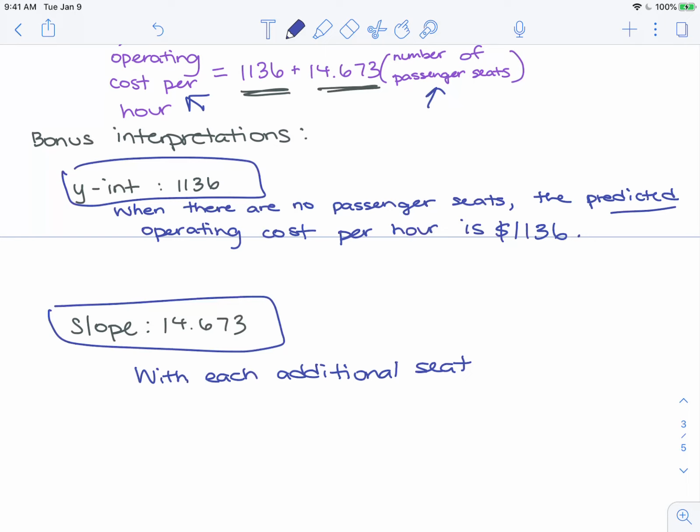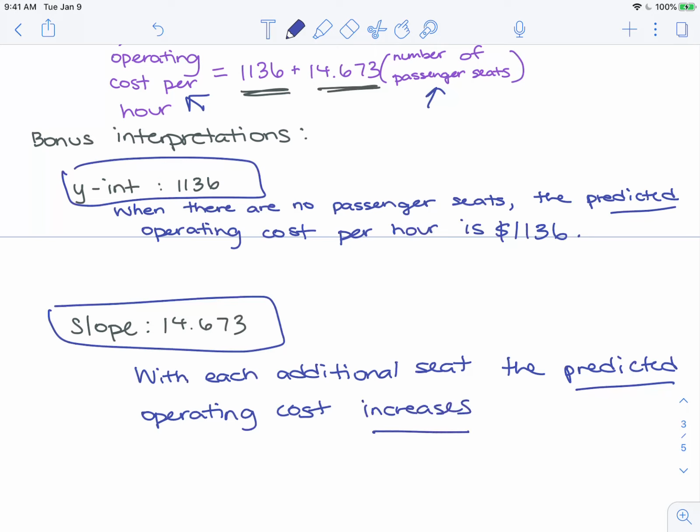Okay, I did it. Let's see, the predicted, there's that word again. It's almost as important as approximately, the word approximately. Actually, maybe it is as important. The predicted operating cost, so this is the y context, operating cost, increases.